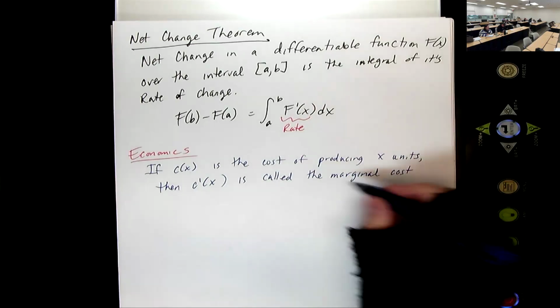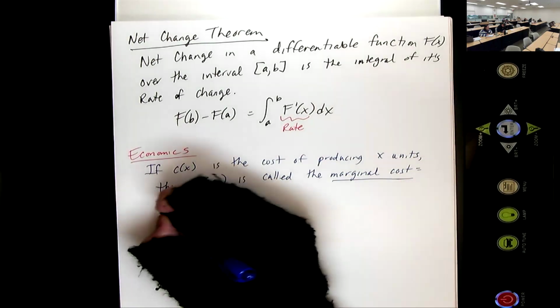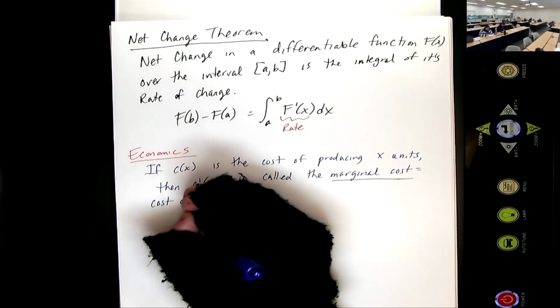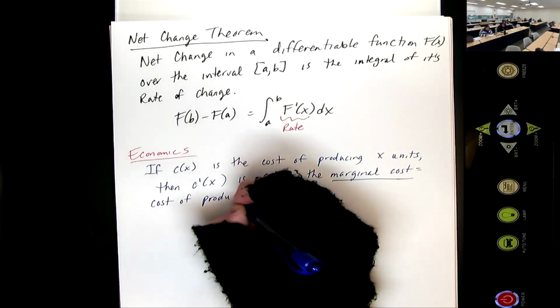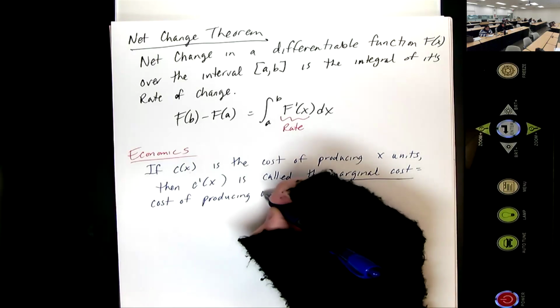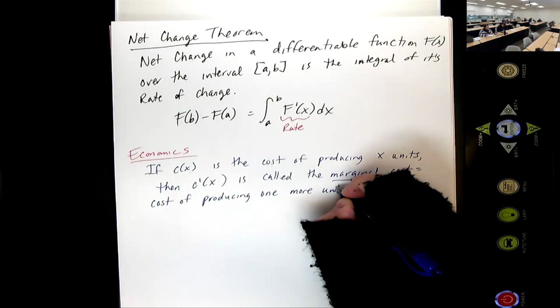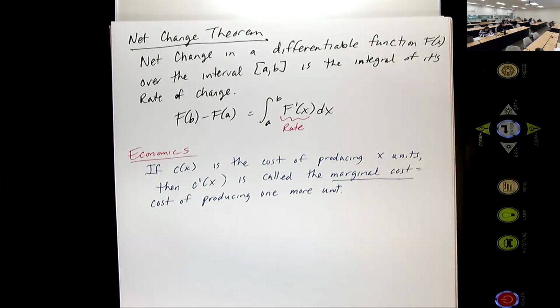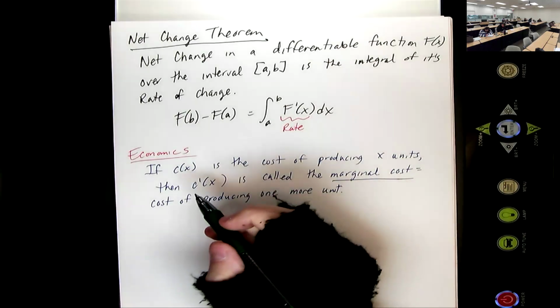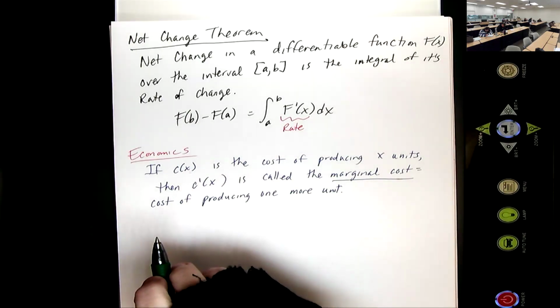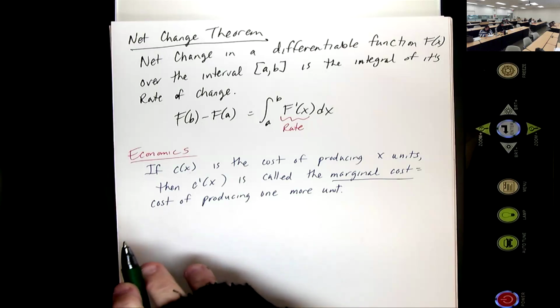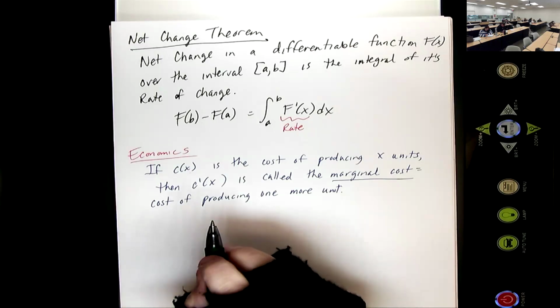Which is, I believe, the cost of producing one more unit. I'm not an economics major, so don't quote me on the definition of marginal cost, but it reasonably makes sense.